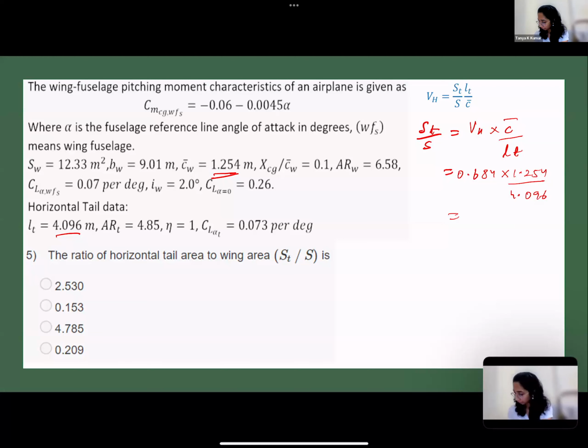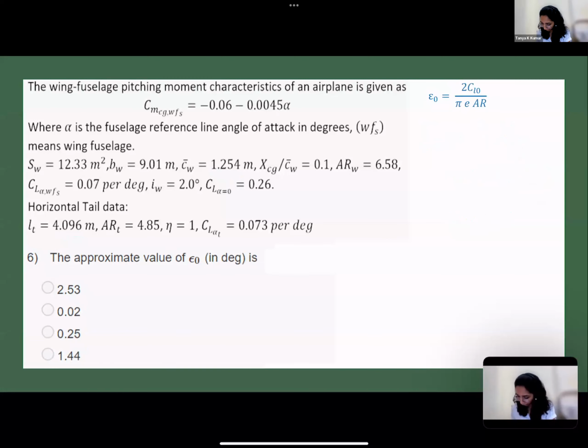Can you just find out this value? 0.209. Okay. That is option 4. Okay. Let's go to the next question.